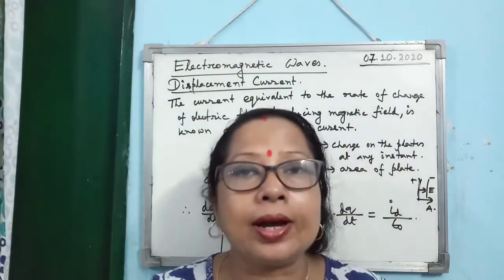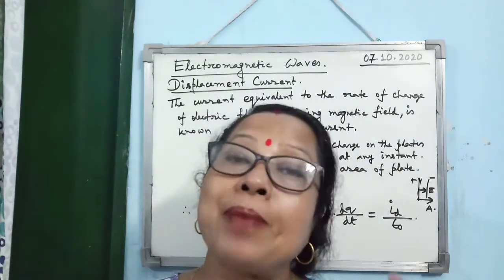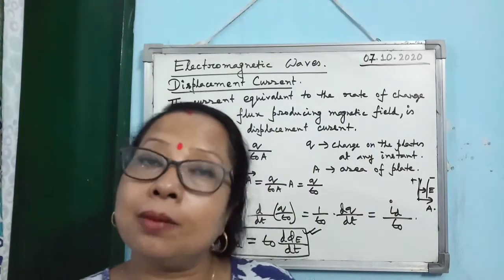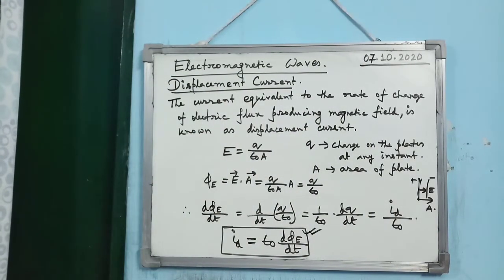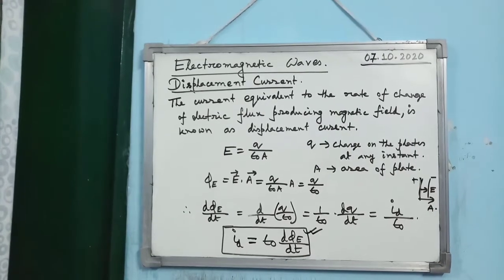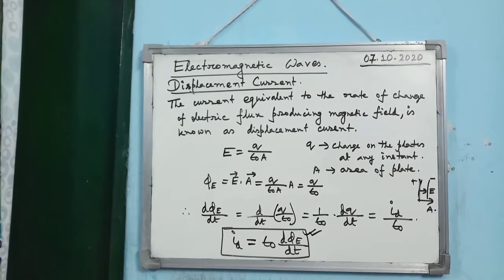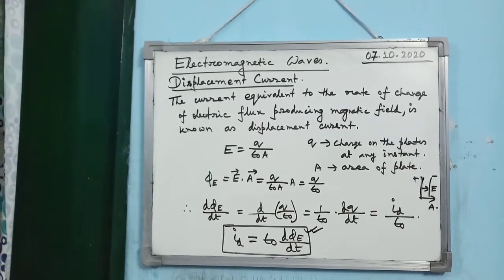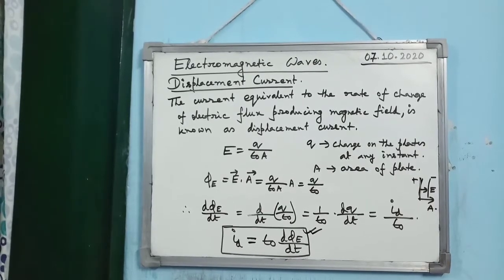And wherever there is a displacement current, there is a magnetic field at that place. So this is the basic concept and the important relation for displacement current. Once again I repeat that displacement current I d is given by epsilon naught d phi E by dt.